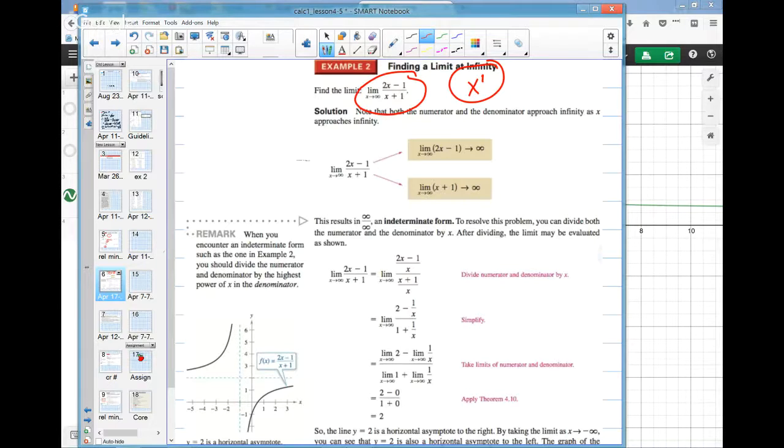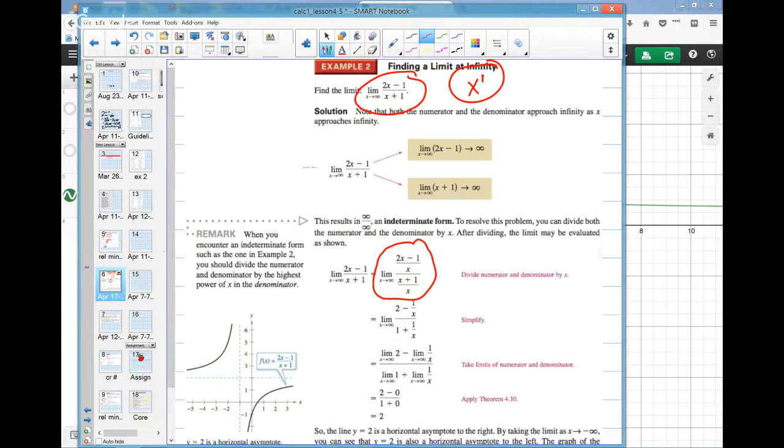That's what they're doing right here. Do you see how they took the top, 2x minus 1, divided it by x, and took the bottom, x plus 1, divided it by x? What happens when you do the algebra is you wind up with separate limits.